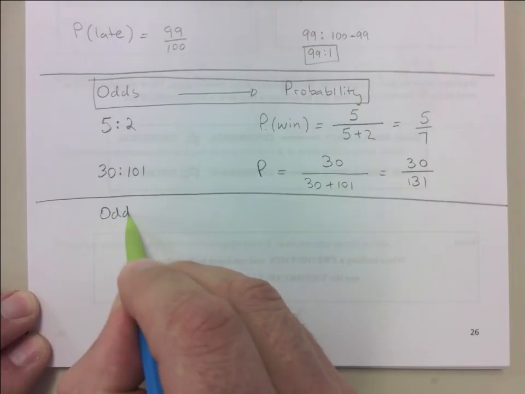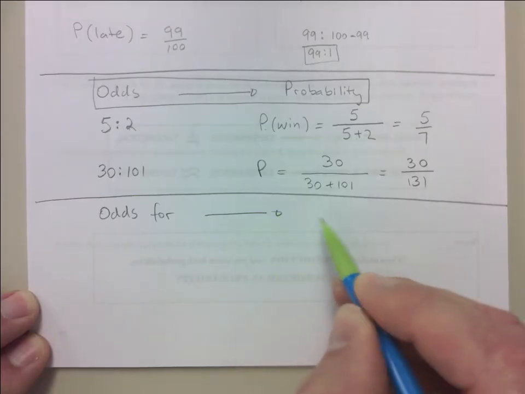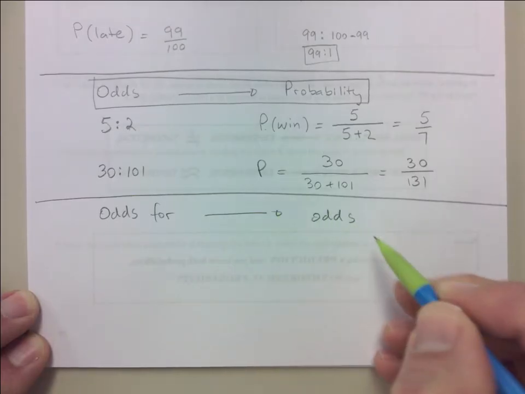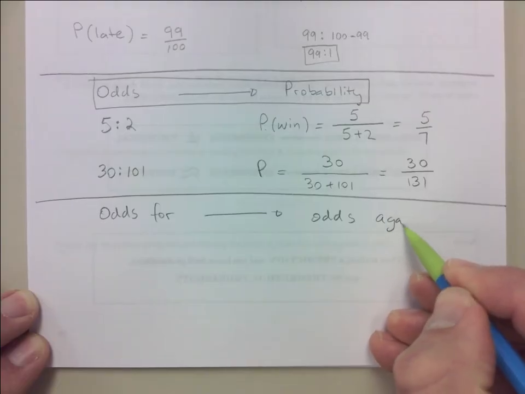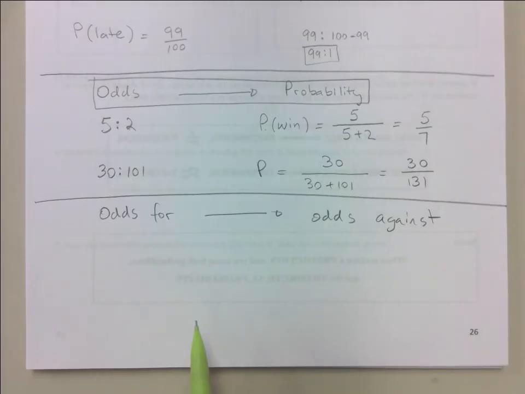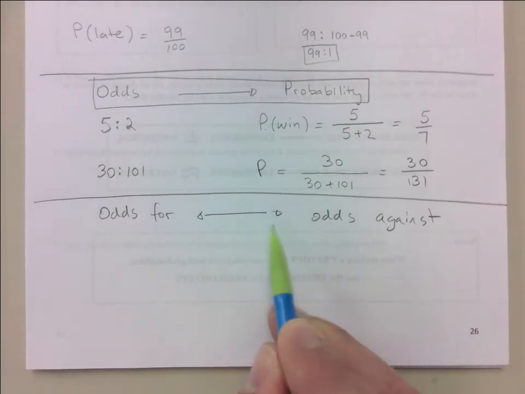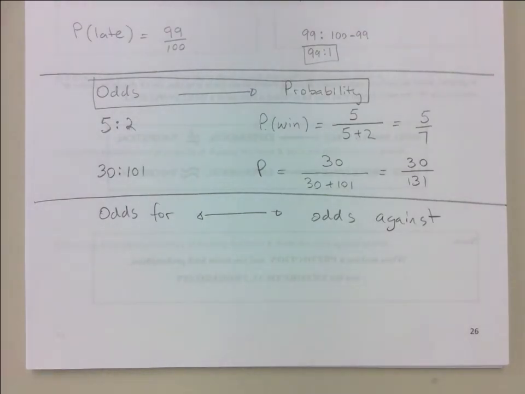If you're going from odds for and you're supposed to go odds against, I haven't done this one before, you're the first group, so I'm going to go arrow both ways. Right?